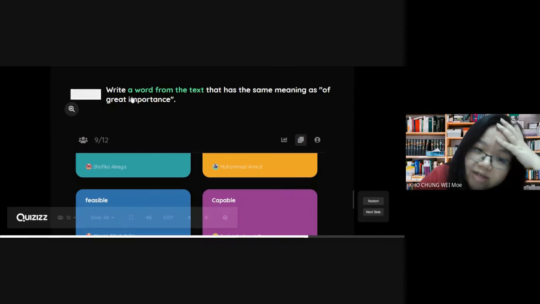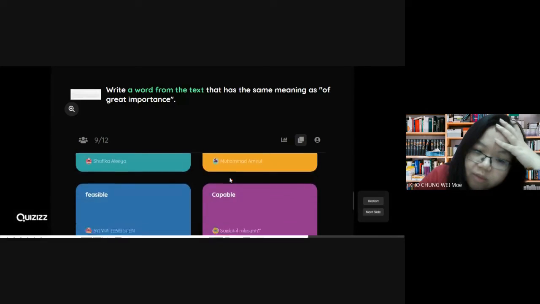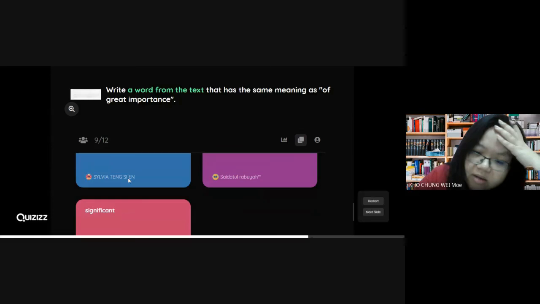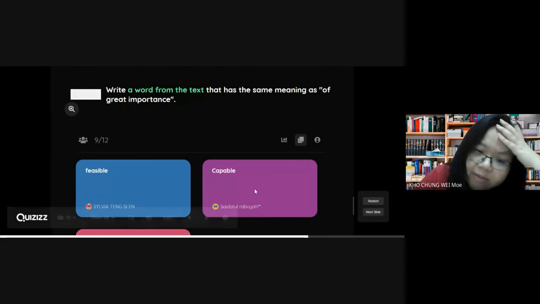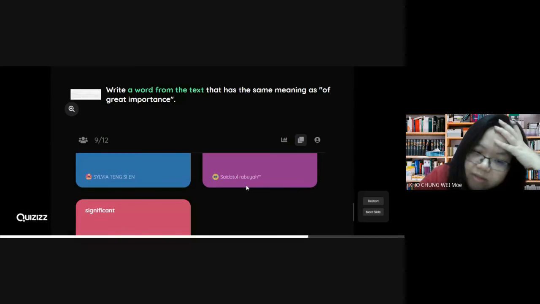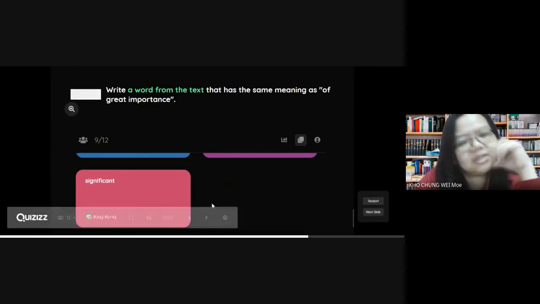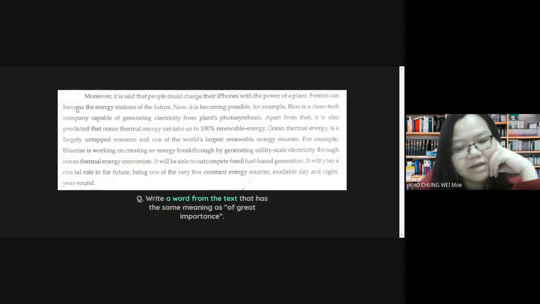Look at it: a word means one word. Feasible, Sylvia, I've explained earlier. Feasible means possible. It doesn't mean important. Rabuya, capable does not mean important. Capable means you are able to do something. Significant. Wait, let me find where the word significant is.